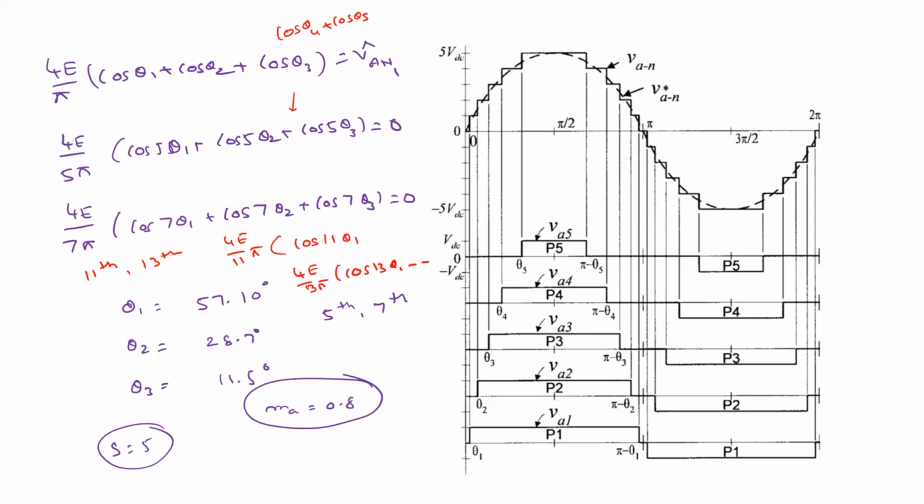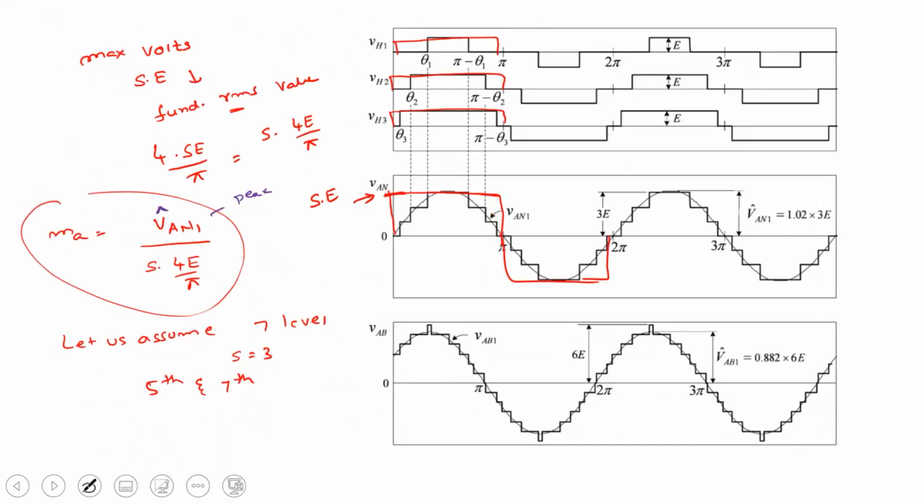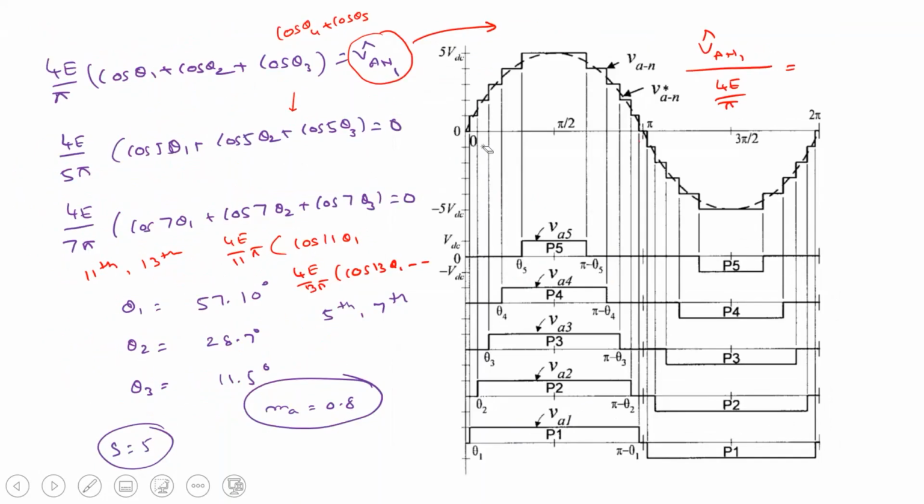If you want to convert this into per unit, this is VA1, right? VAN peak value divided by 4E by pi, moving that to the other side, this is the definition. This can be written as S times MA.